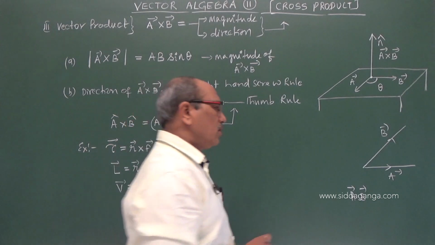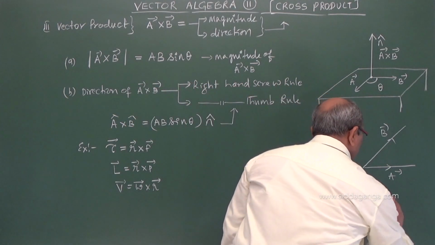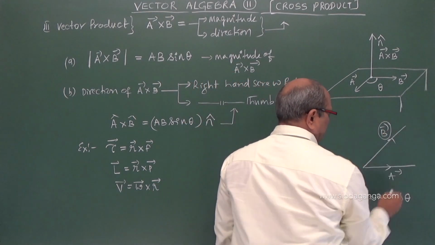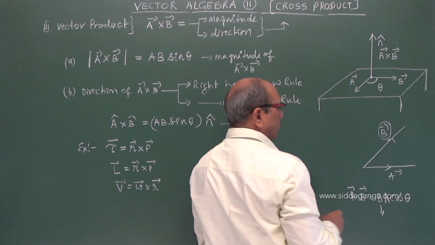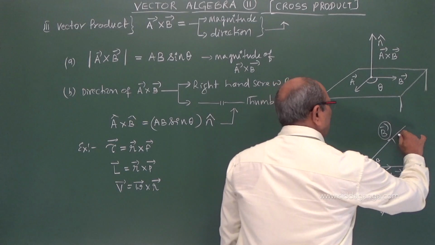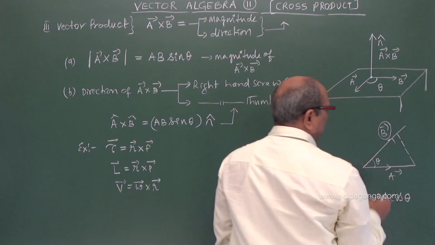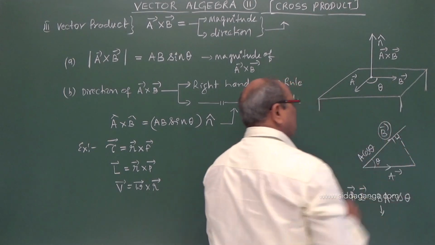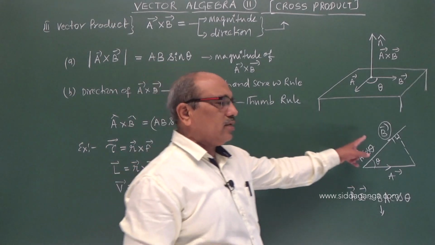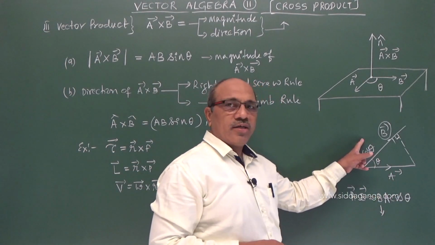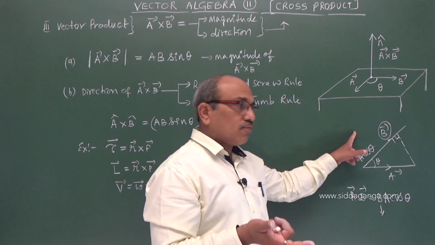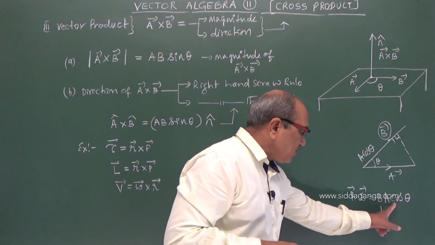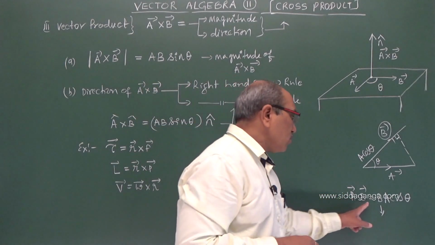A dot B is equal to BA cos theta, with B the magnitude of the vector B. If the angle is theta, I drop the perpendicular and find the value of A in the direction of B as A cos theta. That is what I told you: the projection of A along B, the effect of A along B. The product of B and the effect of A along B is a dot product.